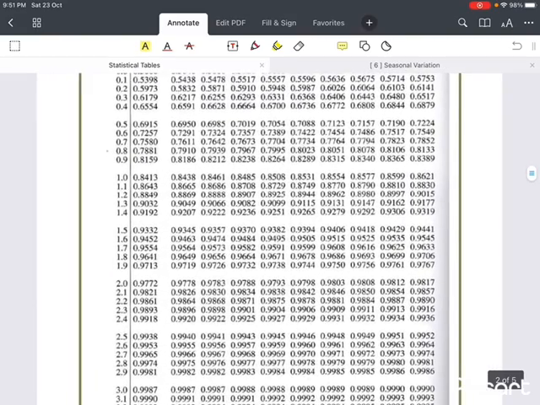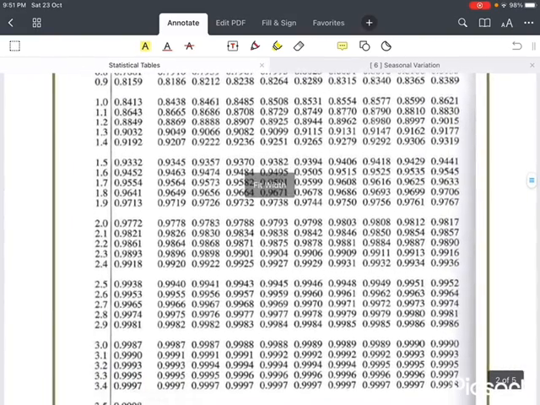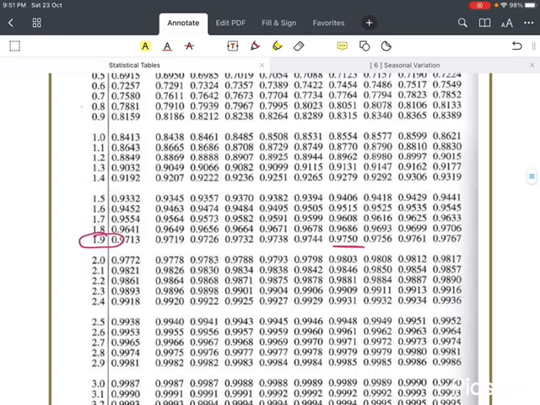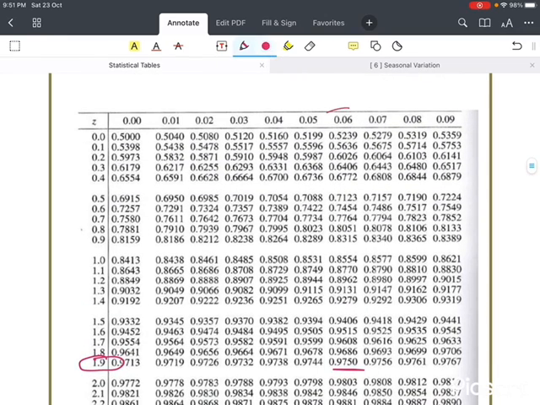You can search for 0.975. It is here. You can find it is 1.9, then you go here, it is 6. You write 1.96. This is how we find the critical value from the Z table.